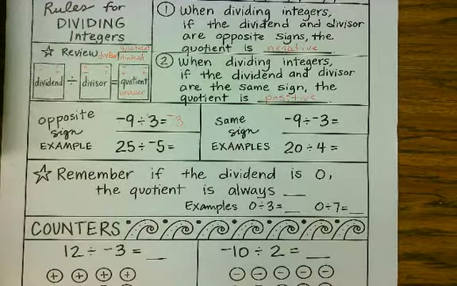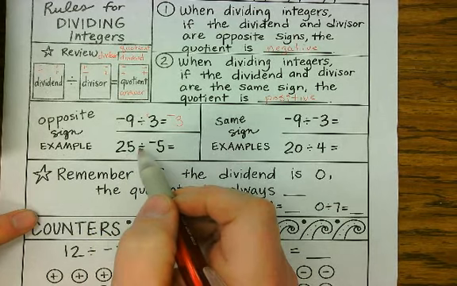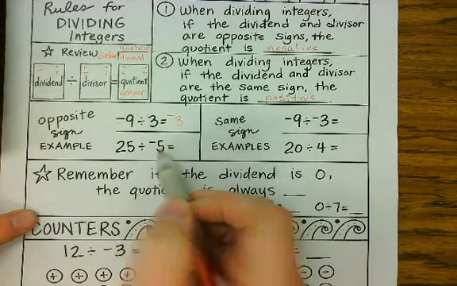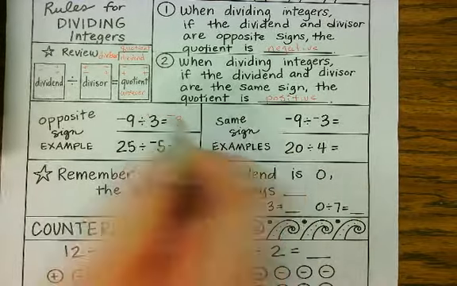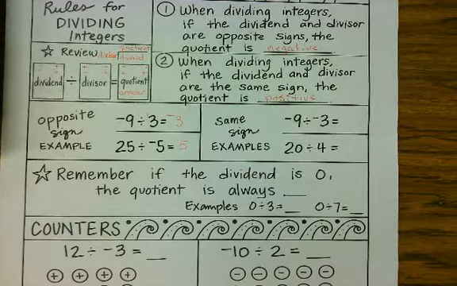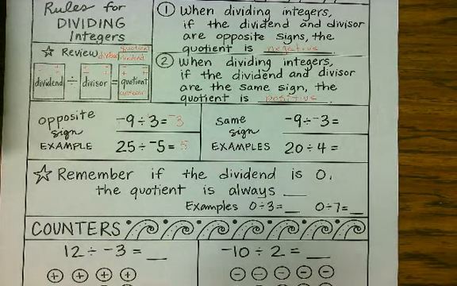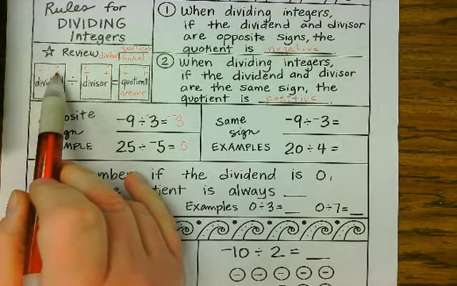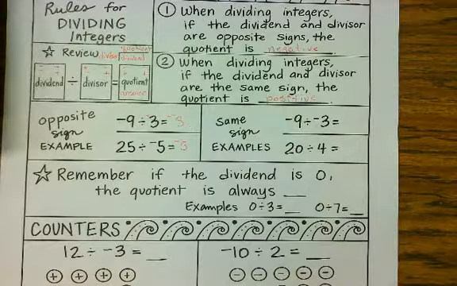Now, let's try that again. So, a positive 25 divided by a negative 5. So, 25 divided by 5 is 5. And then we have a positive and a negative, which we know if this one's positive and this one's negative, we get negative.